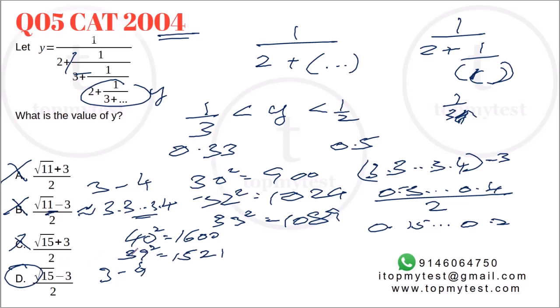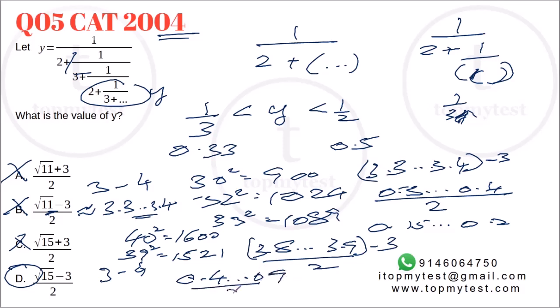So between 3.8 and 3.9. Again, if you subtract 3 and divide by 2, it will lie between 0.8 and 0.9 divided by 2, which is between 0.4 and 0.45. This is exactly the range which I'm looking for here, right?